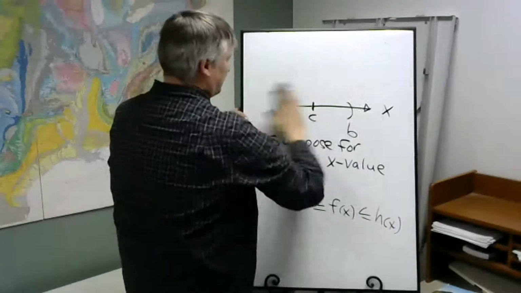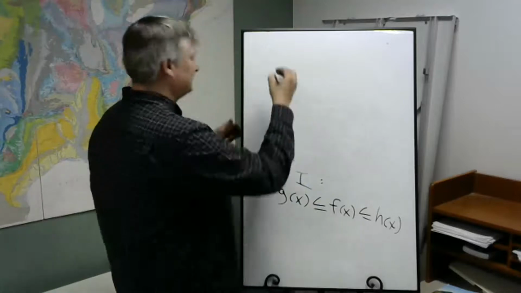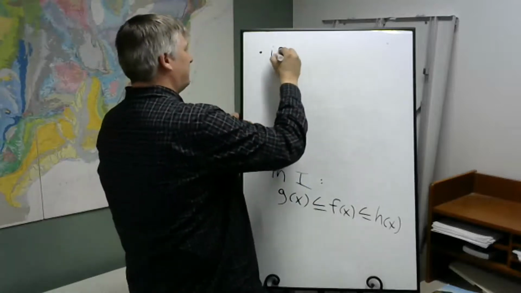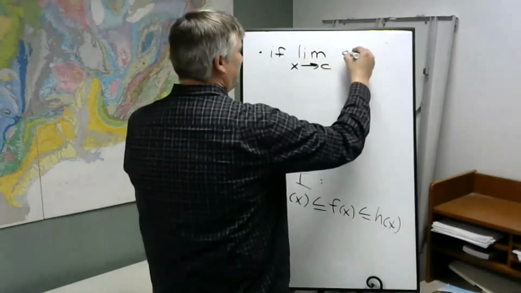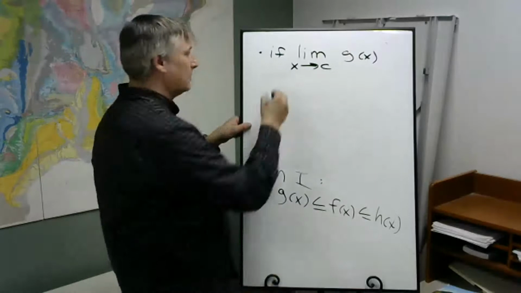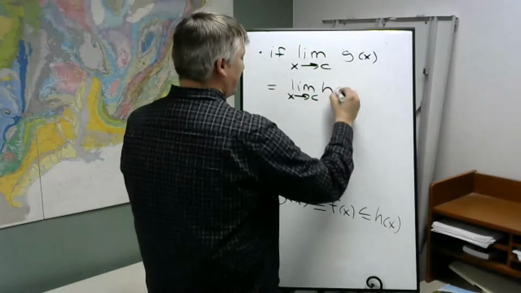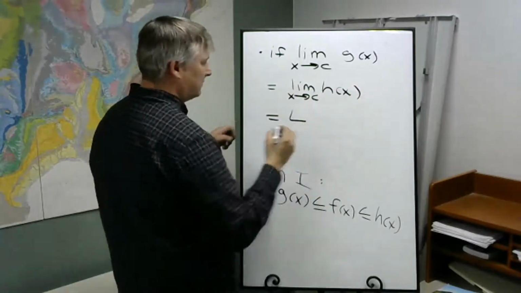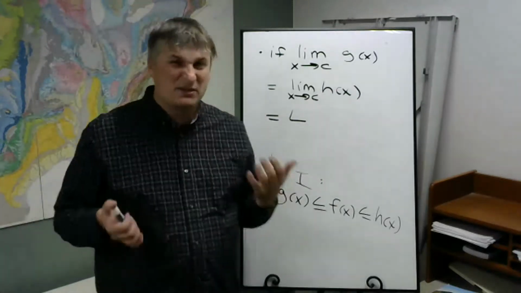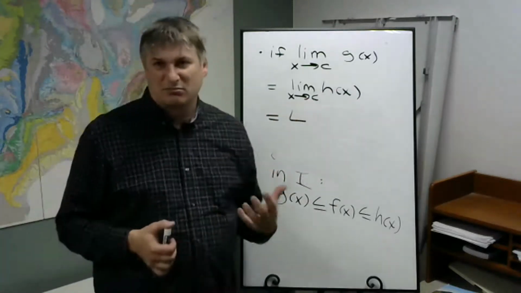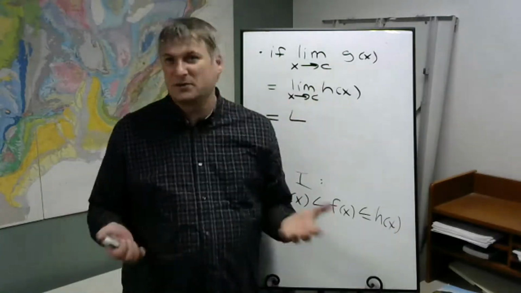Well then, the following is true. If the limit as x goes to C of g of x equals the limit as x goes to C of h of x, which is equal to L. So in other words, g of x and h of x have the same limit at x near C. As you get closer to C, g of x and h of x appear to be heading towards the same y value.